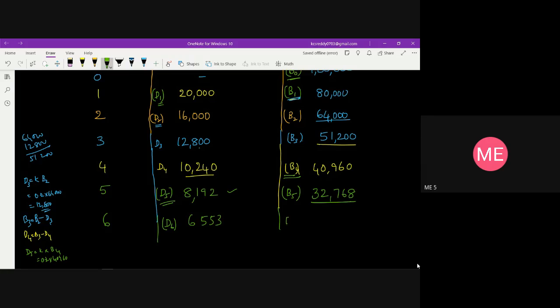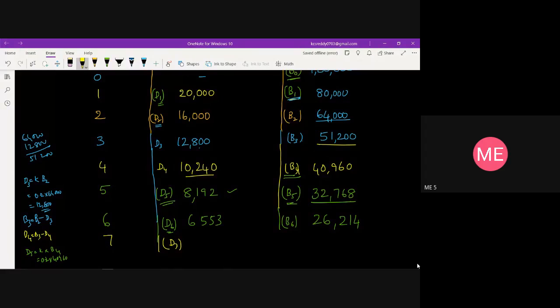Now B6 is nothing but B5 minus D6, which gives roughly 26,214. Next, at the end of the seventh year, we'll be getting D7.